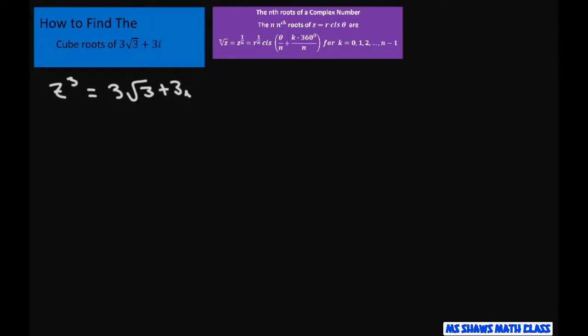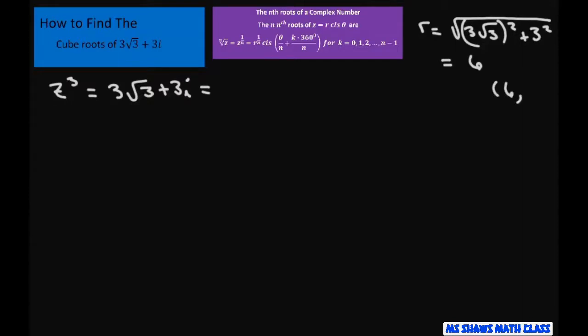So let's look and see what our polar form would be. For r, we're going to do the square root of (3 square root of 3) squared plus 3 squared. So this is going to give you 6. So r is 6.